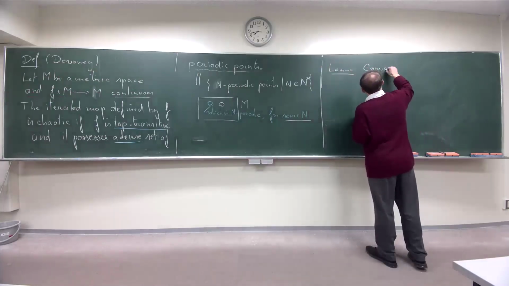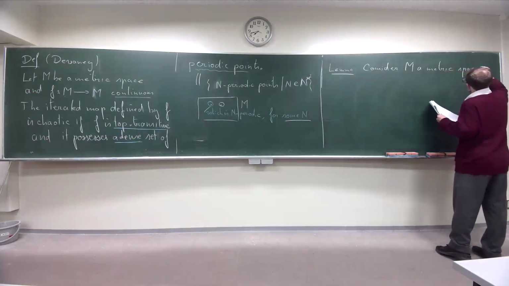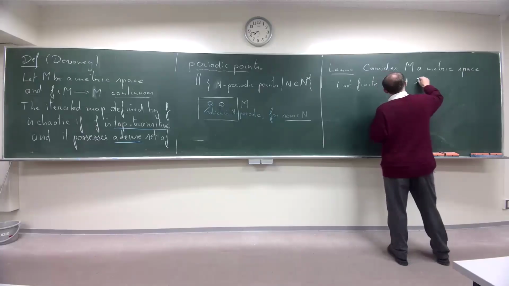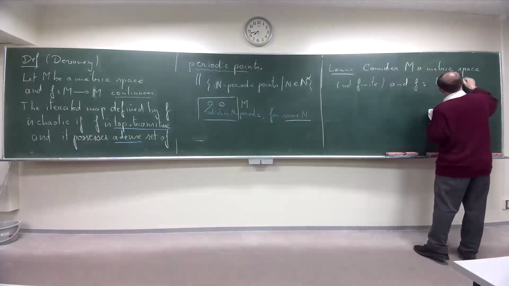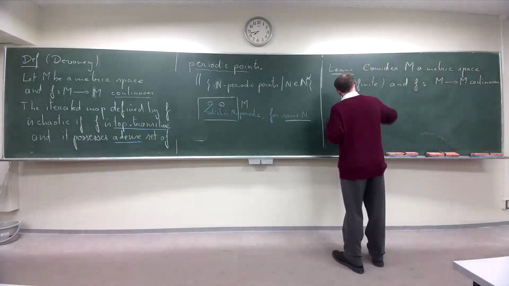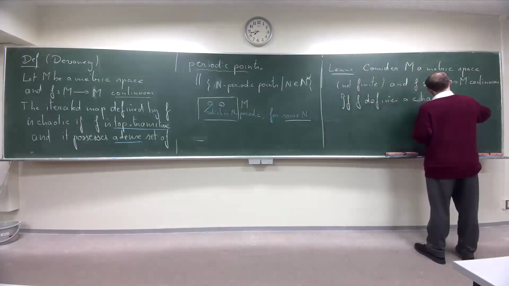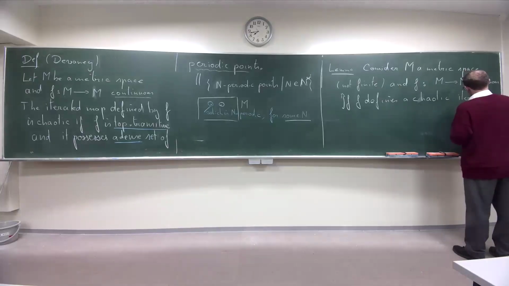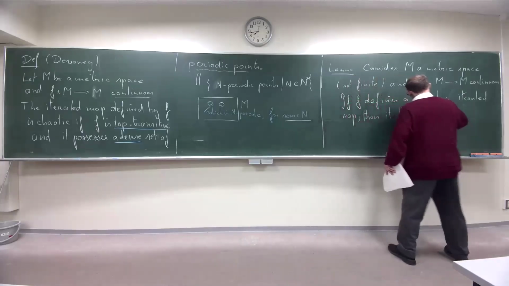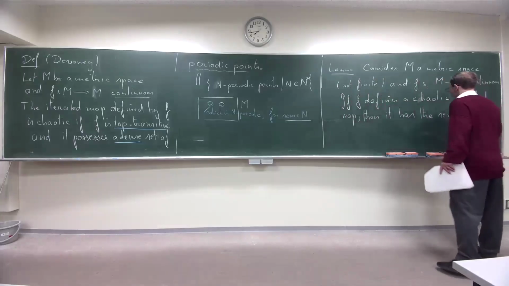If we consider M a metric space, which is not finite, not only a finite number of points, and F from M to M continuous, then if F defines a chaotic iterated map, then it has sensitivity to initial condition.